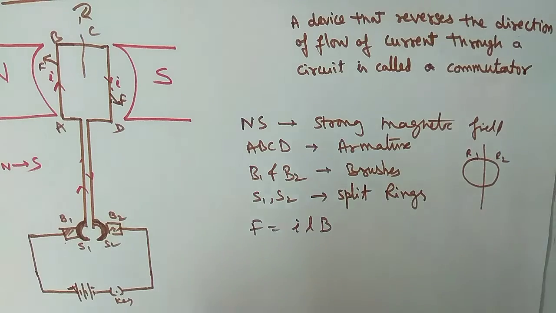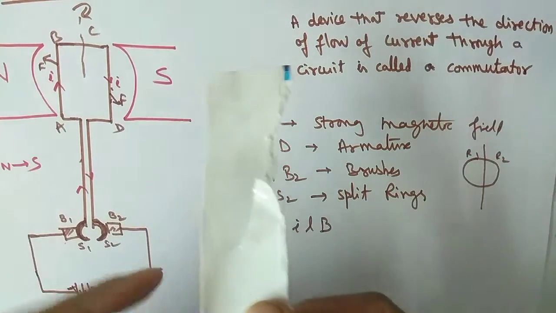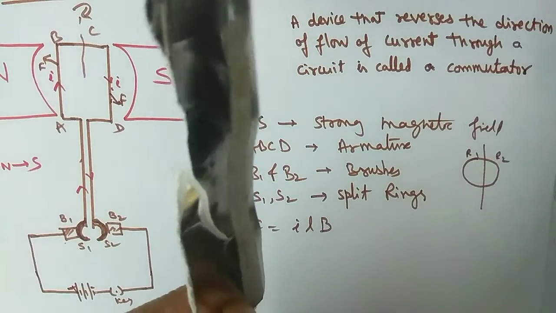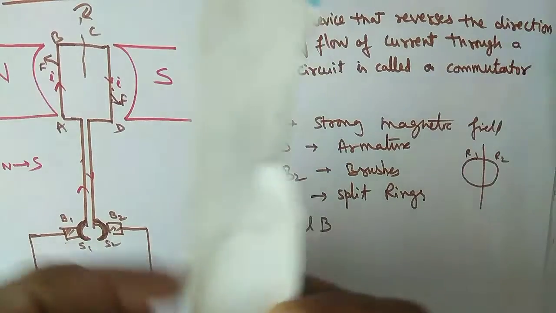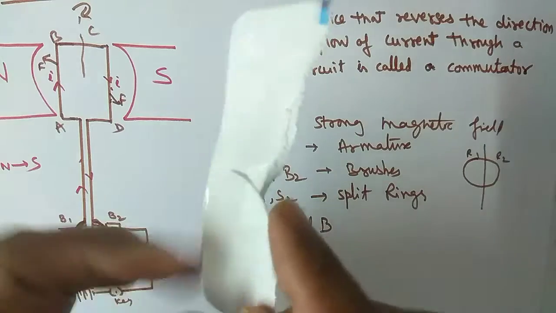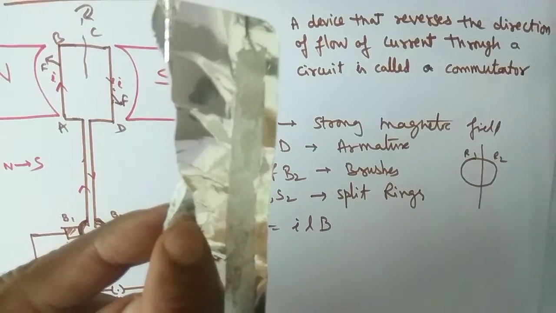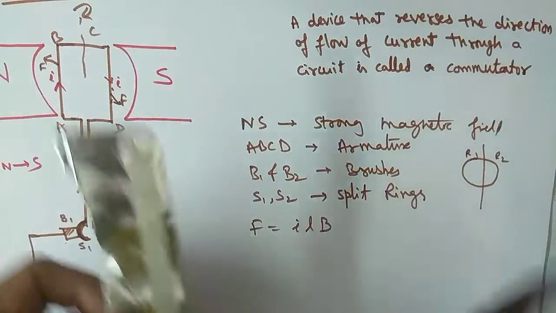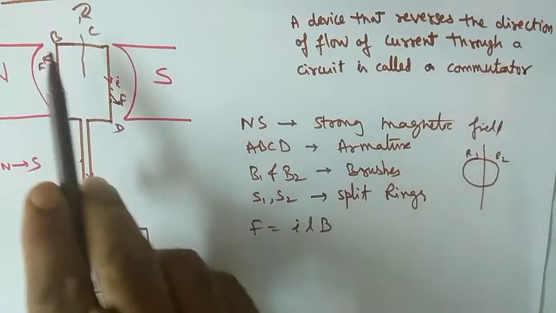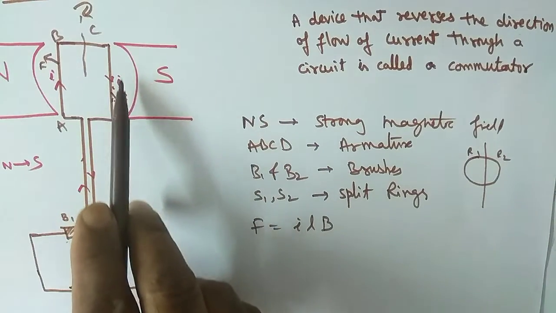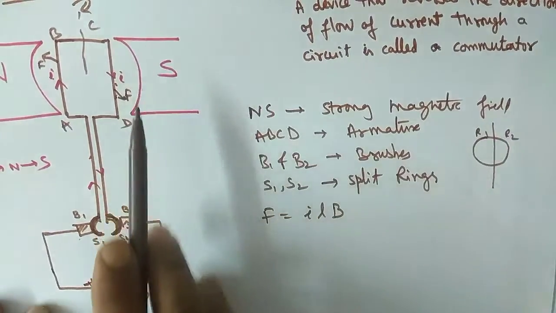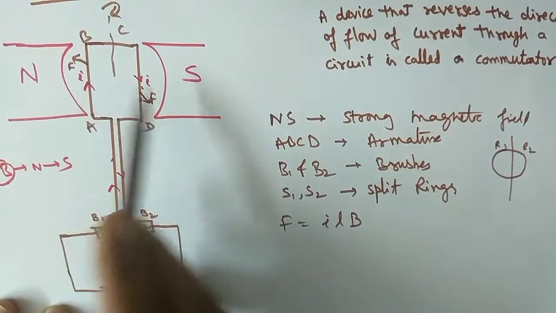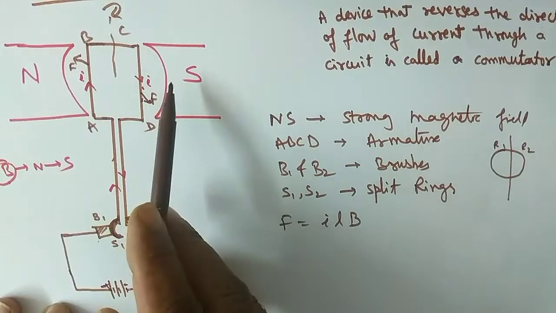Suppose this is the coil. After half rotation, this portion comes in this direction. AB will change its position and reach here; it will replace CD, and CD will replace AB here.